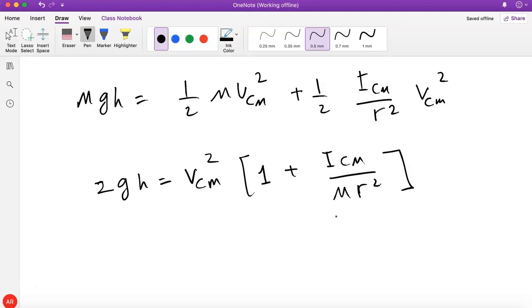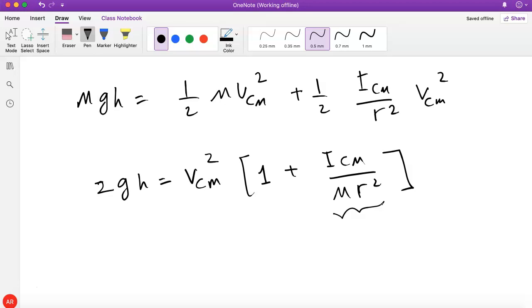Notice that this quantity here is dimensionless, right? The moment of inertia has dimensions mass times length squared, and you have some round object whose center of mass is at the center, then the moment of inertia is going to be some dimensionless number times its mass times its radius squared.